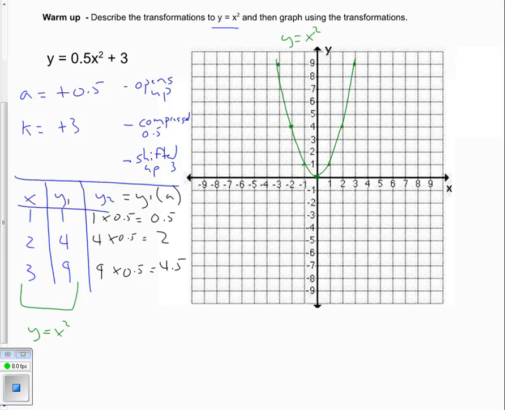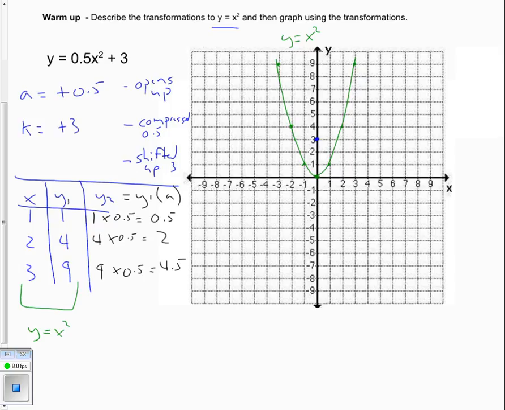But now we're going to graph the parabola that we've been shown. The original parent form had its vertex at 0, 0. The parabola y equals 0.5x squared plus 3 has its vertex at 0, 3. Its vertex has been shifted up 3 units from the origin.